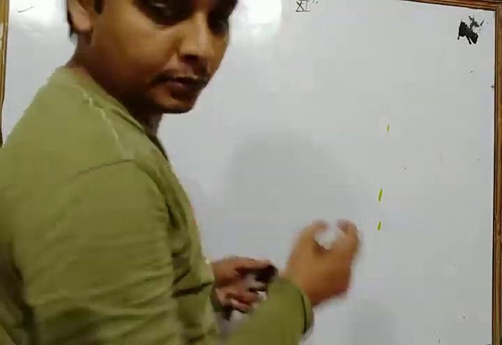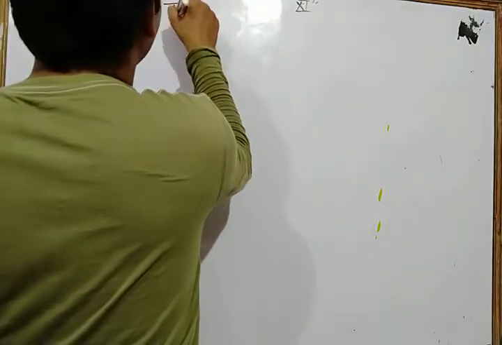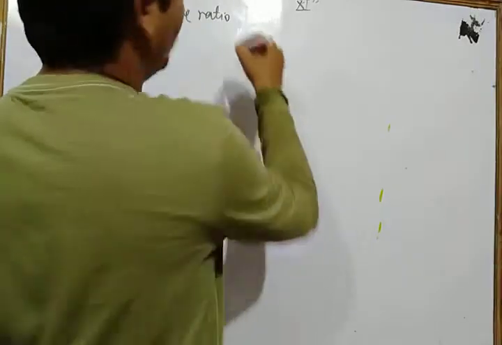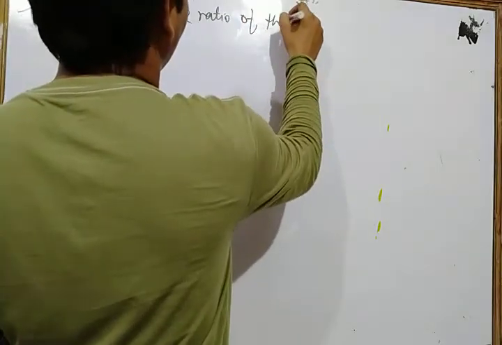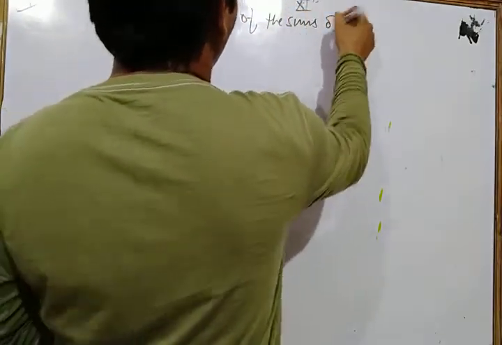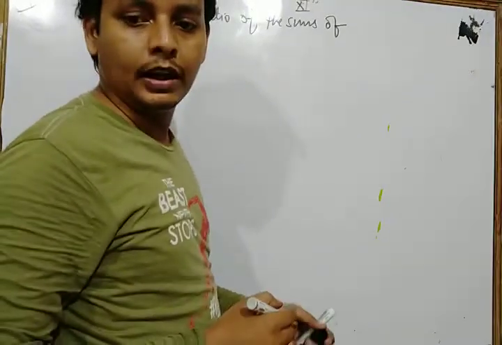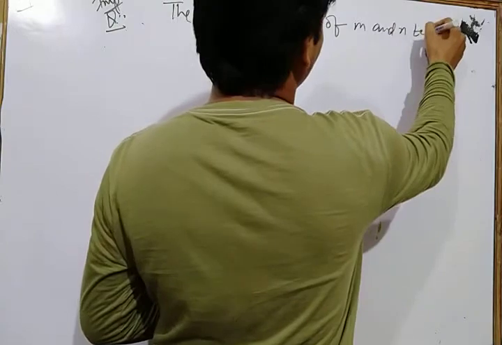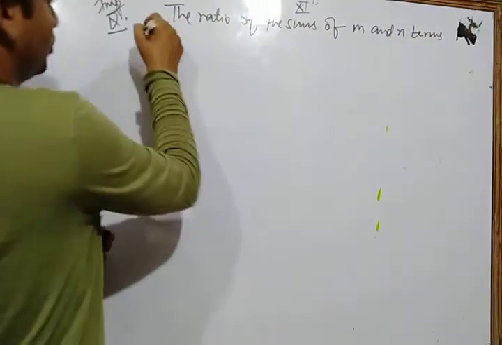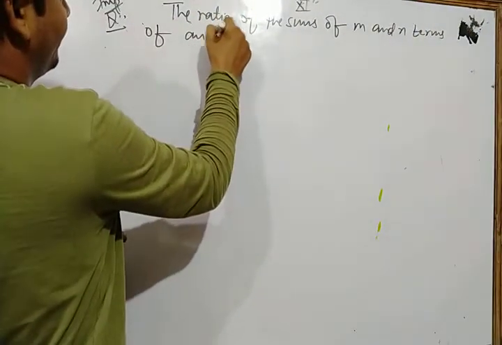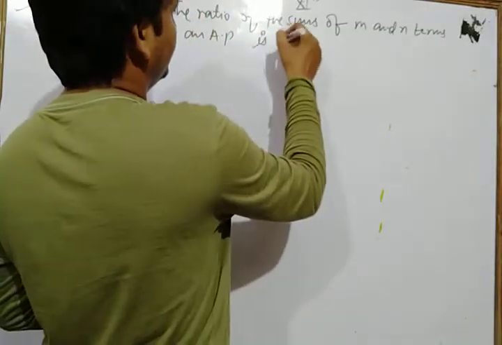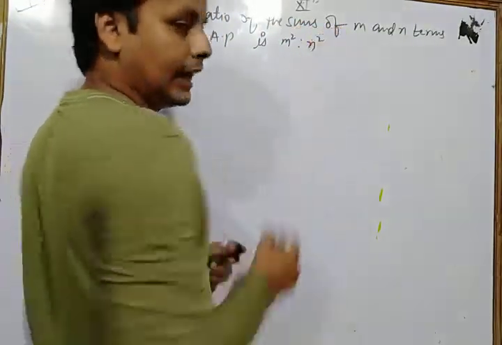The ratio of the sums of m and n terms of an AP is m square is to n square.